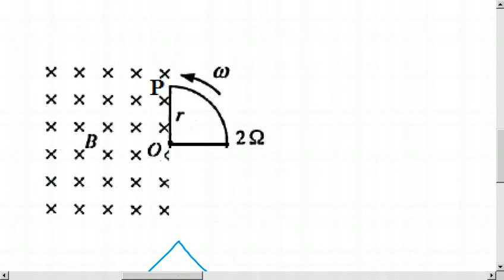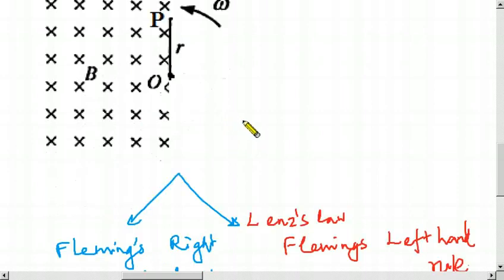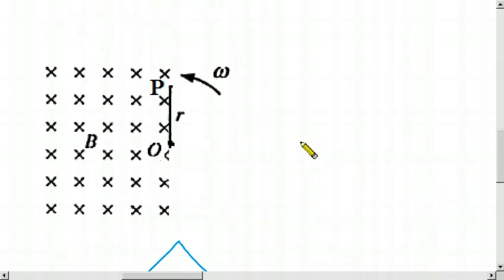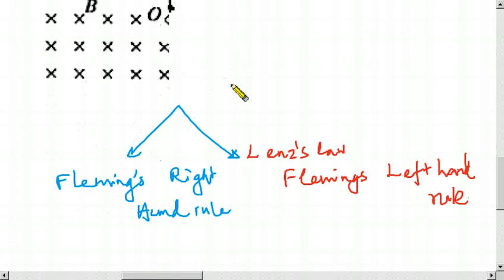We know that only this part of the loop is making EMF or current, so we don't have to use this arrow. These other things we don't want. But actually, if we are going to use the second one, we need this part. So we are going to now try this first one.